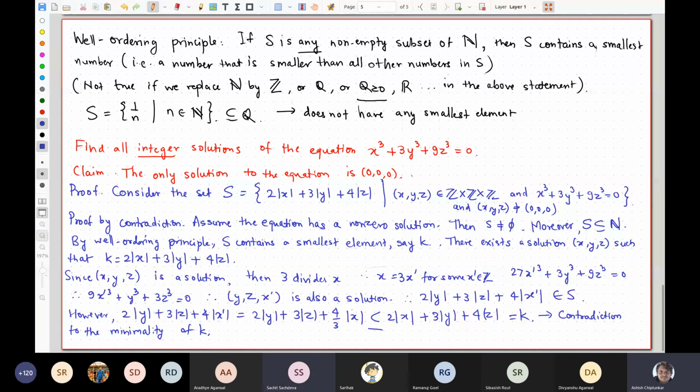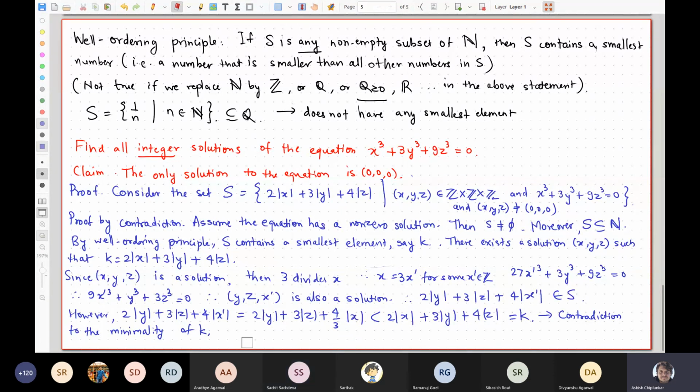Like, sir, I'm saying that only for x it's not sufficient, because in case x is 0 in the last inequality, we also have to prove this for y and z. You don't need to, that's what I'm saying.